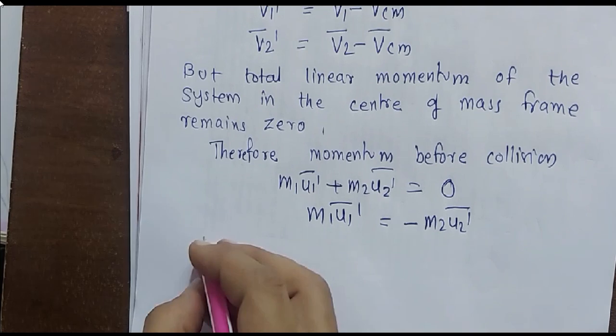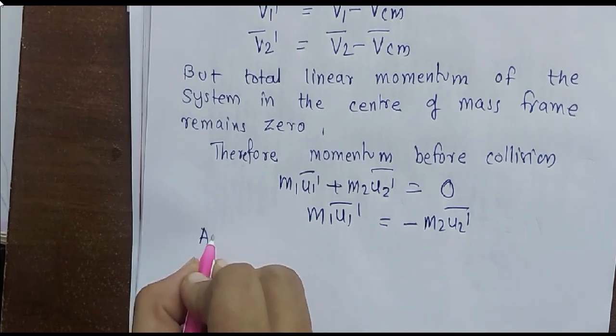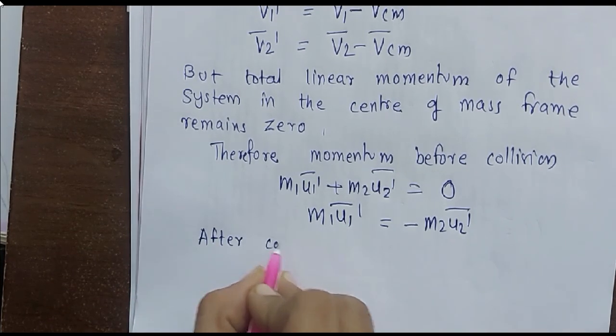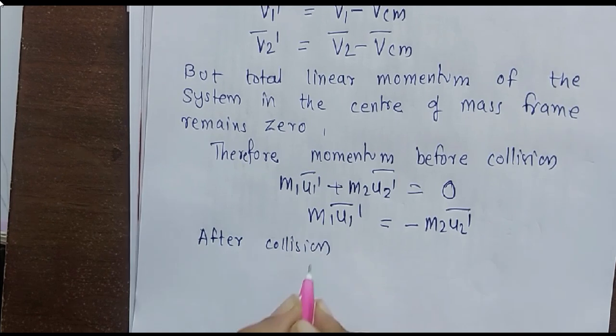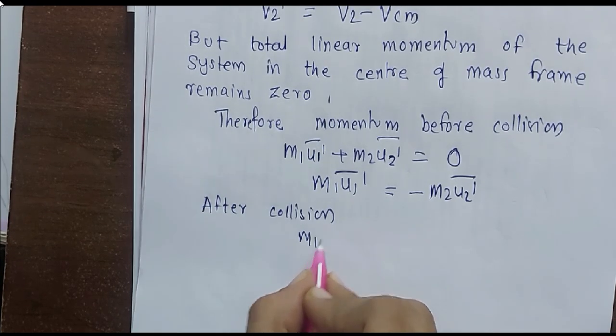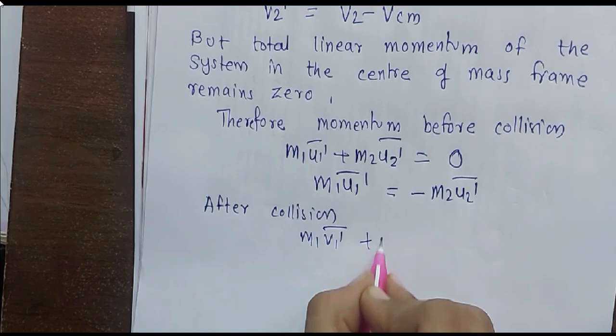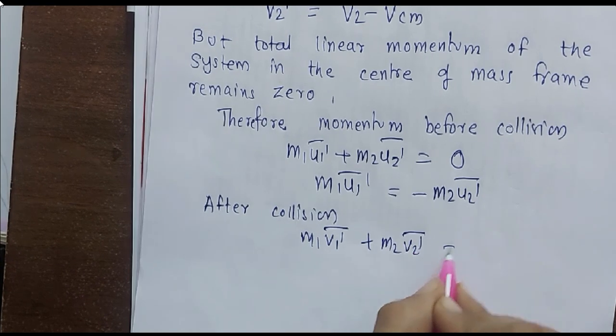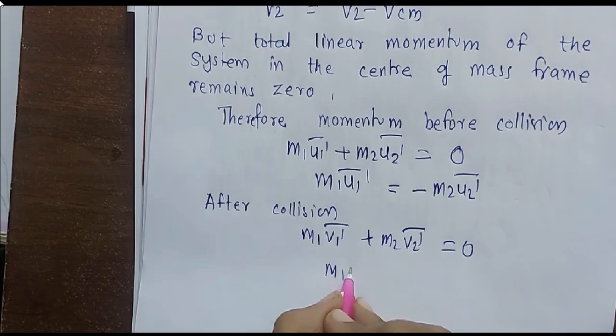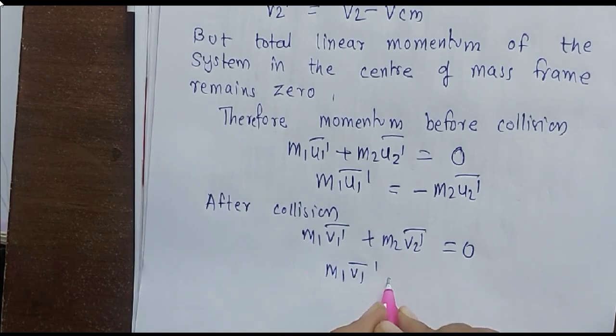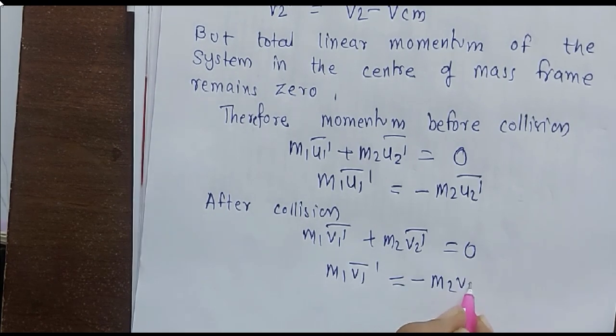Similarly, we will write for after collision. After collision, momentum is m1 v1 dash bar plus m2 v2 dash bar is equal to 0. m1 v1 dash is equal to minus m2 v2 dash.